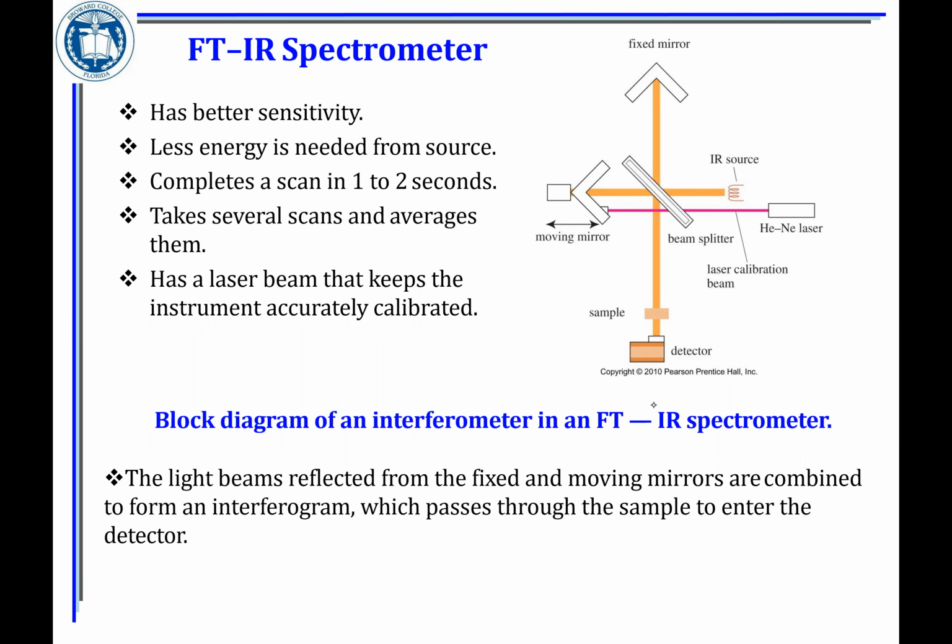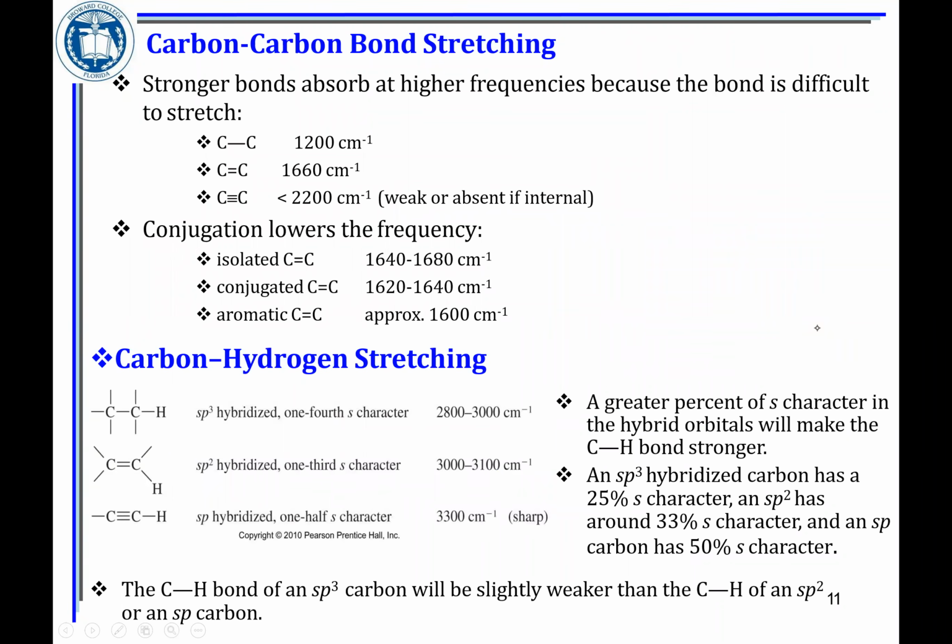That means it scans multiple times and takes the average of the peaks, and what is recorded is the average. So it's kind of normalized, or optimized, before it is recorded.